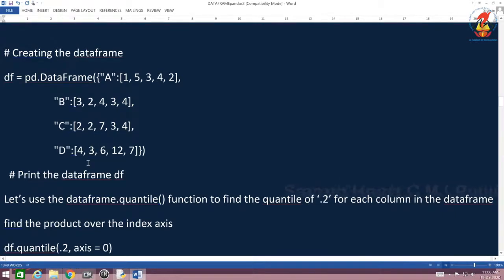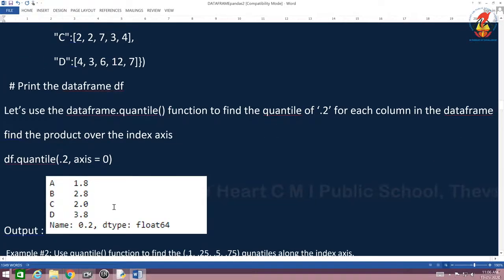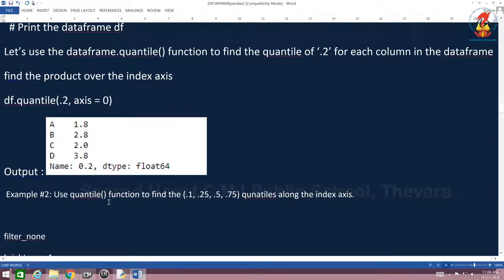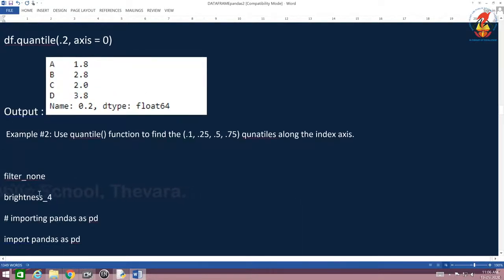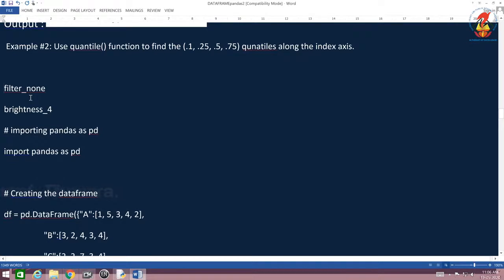By trying this out, you can get a short idea about how this works. Again, you can use the quantile function to find the 0.1, 0.25, 0.5, 0.75 quantiles along the index axis. Just delete these two, they are not required.